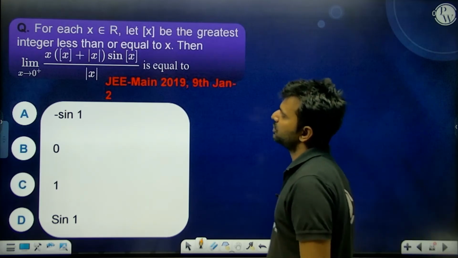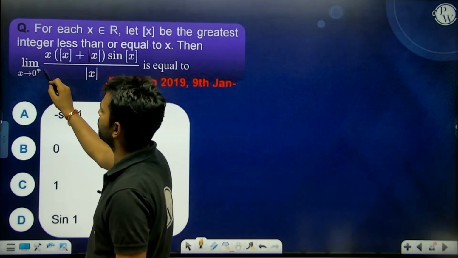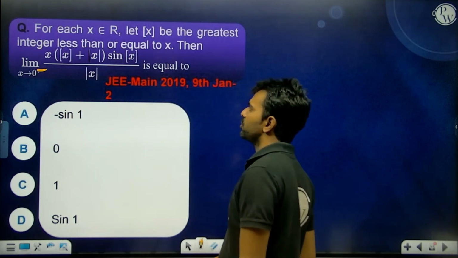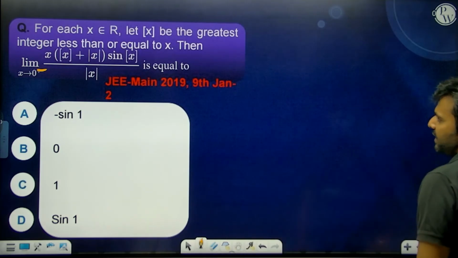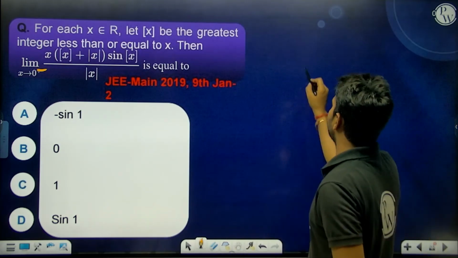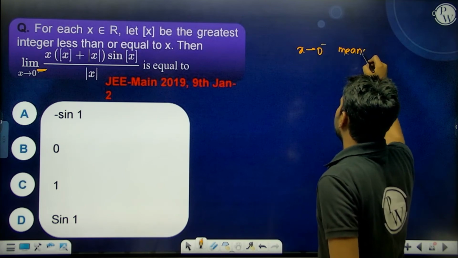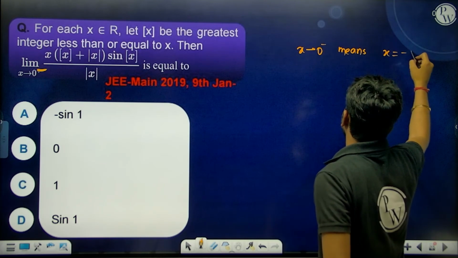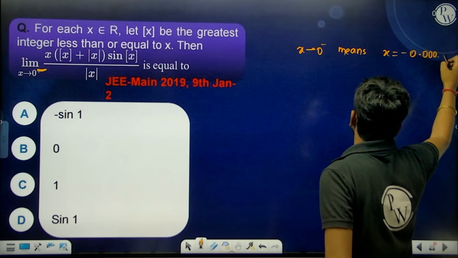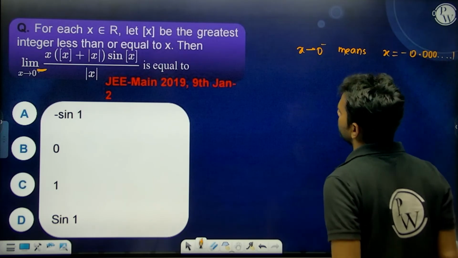Talking about this particular thing over here, it has to be extending to 0 minus. Greatest integer function is involved in the problem. Extending to 0 minus means x is equal to what? Minus 0.0000000001. Yes or no?